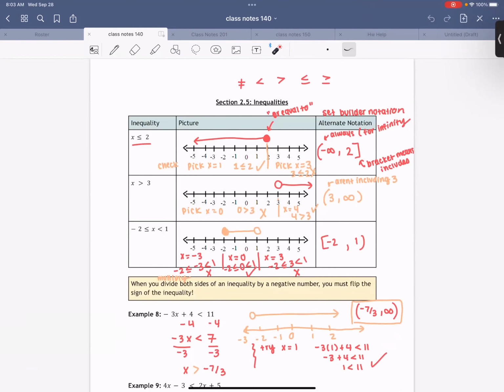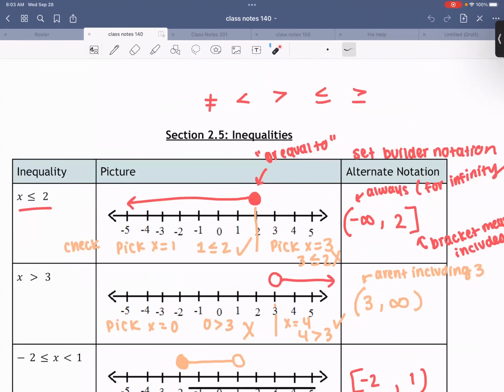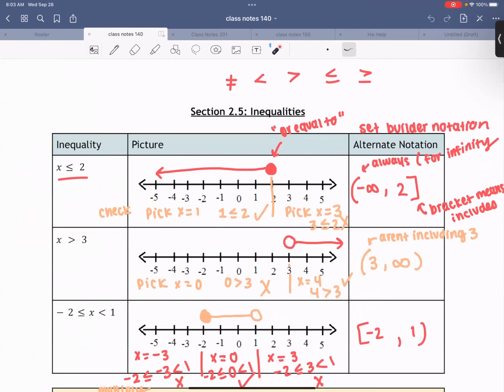Inequalities are things that don't have an equal sign, but they have one of these signs at the top, usually less than, greater than, something like that. Now, we talked about how to graph inequalities and also write them in this thing called set builder notation, which WebAssign uses. And let's just review a little bit about these.